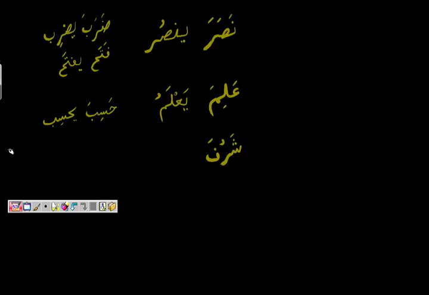Even that's not a very good example because in general you will say hasiba yahsabu, but you can say yahsibu. In the Quran it's used yahsabu, so it fits the normal pattern, alima ya'lamu, hasiba yahsabu, but it can be used yahsibu.